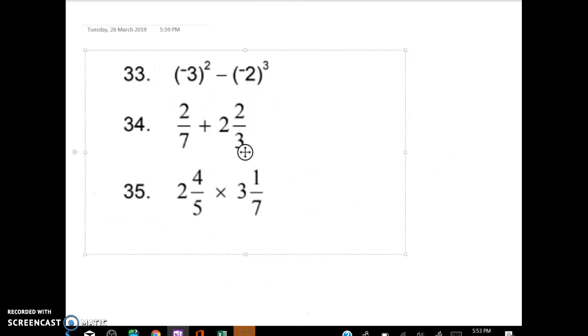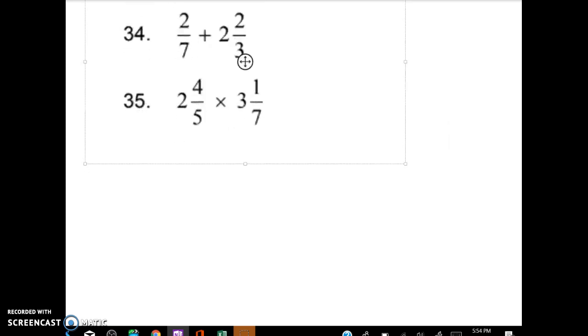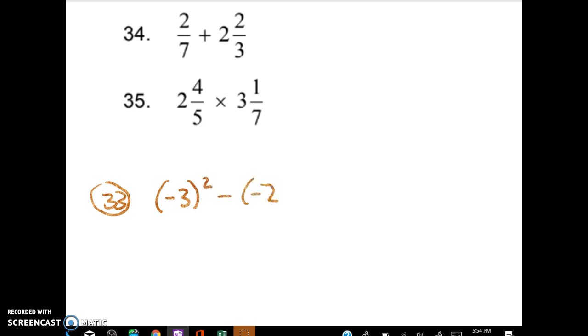Right, now these next few questions are starting to move into some slightly harder fraction problems and more negative number stuff. So number 33, negative 3 squared minus negative 2 cubed gives me negative 3 times negative 3 minus negative 2 times negative 2 times negative 2.